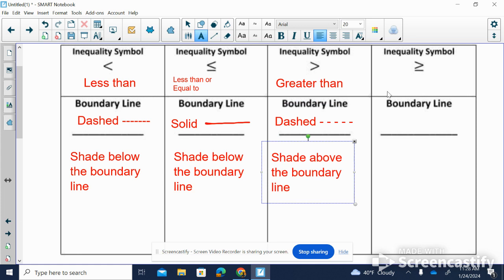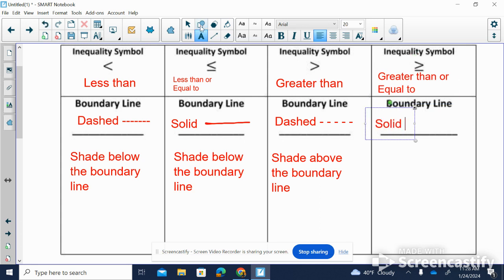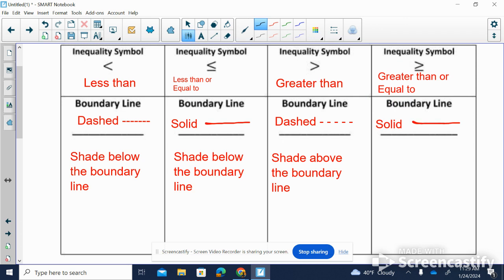Okay. And lastly, we have a greater than or equal to. And in this particular case, we are going to have a solid line. Okay, so a line that looks like this.